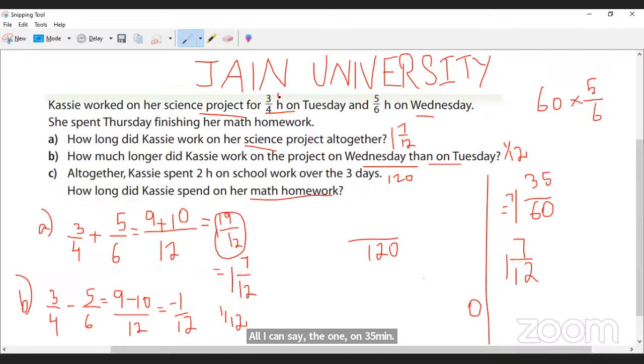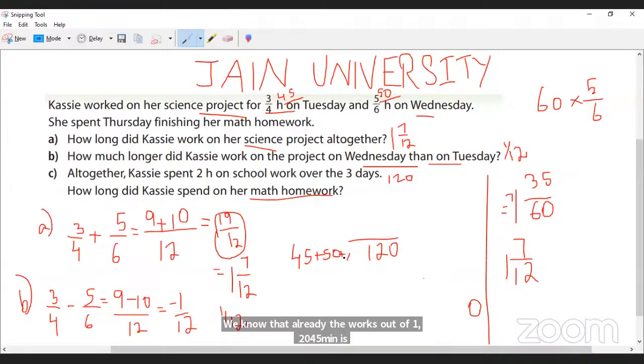It was 45 minutes over here. It was 50 minutes over here. So 45 plus 50 is 95 minutes. So 95 means 60 plus 35 minutes. Already 45 minutes worked. That means 60 times 3/4 and 60 times 5/6 gives me 50. We know that already they worked out of 120, 45 minutes is work, 50 minutes is work.